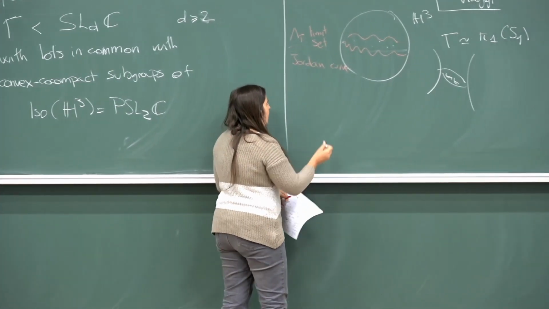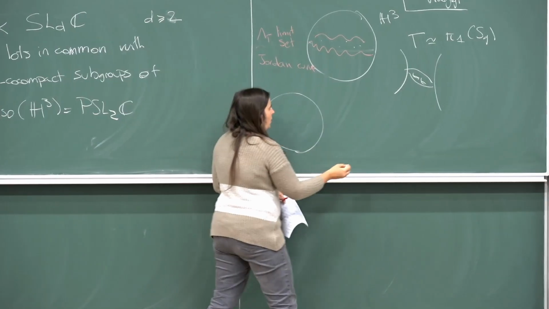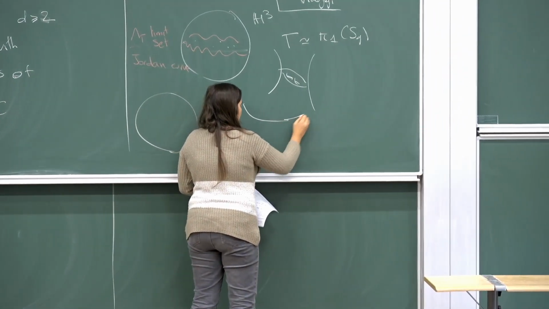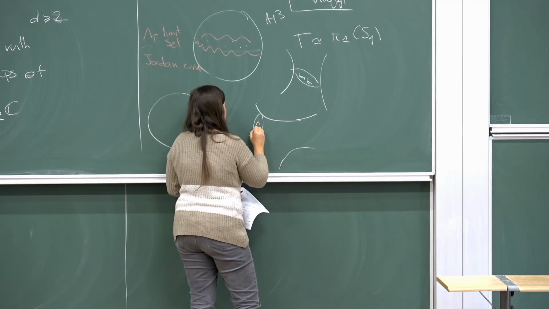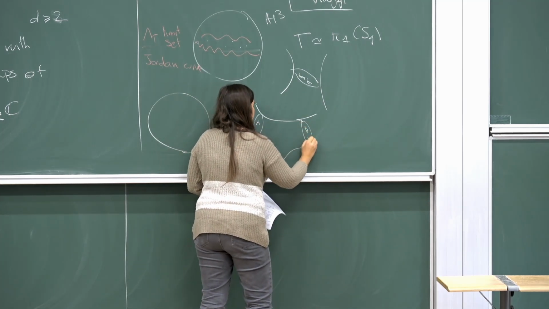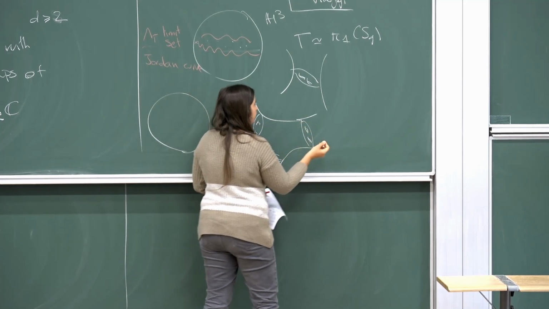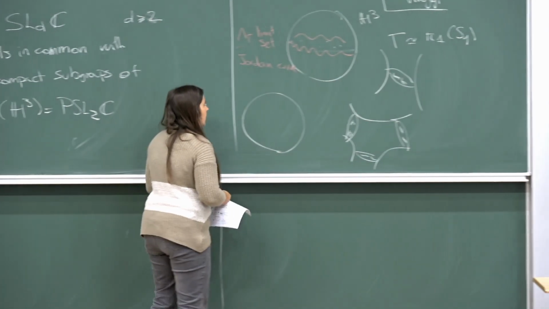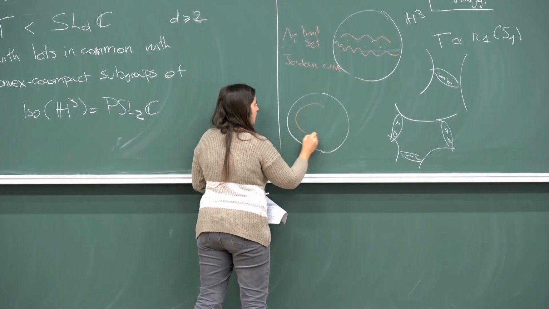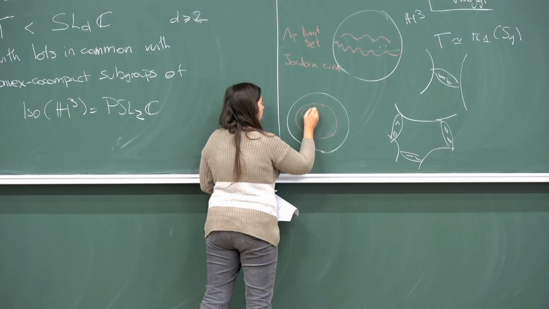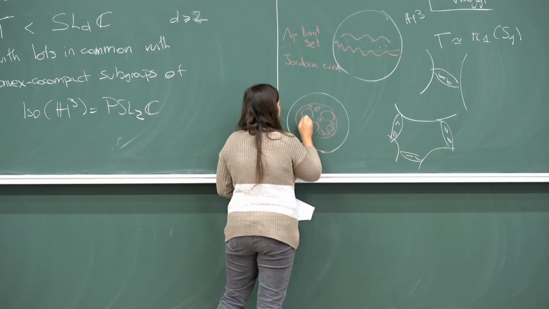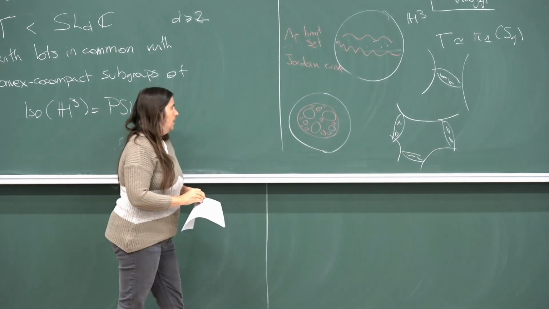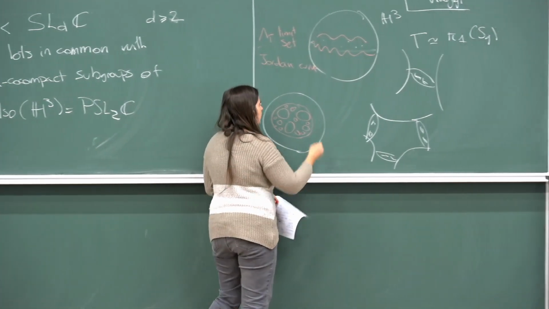Another example to keep in mind is that of cylindrical manifolds, in which the limit set is going to be some Sierpinski carpet that we've seen a little bit in Alice's talk, so the complement of a set of disks in the boundary of H^3.